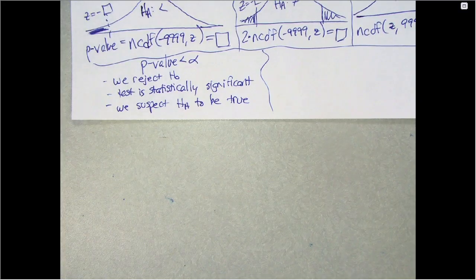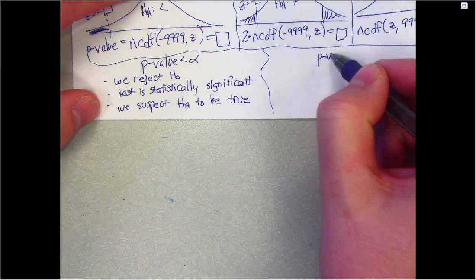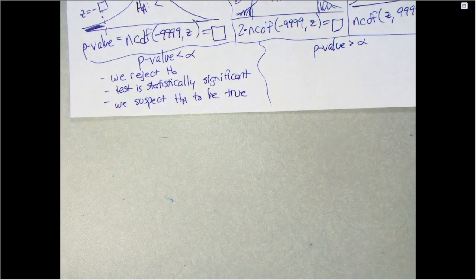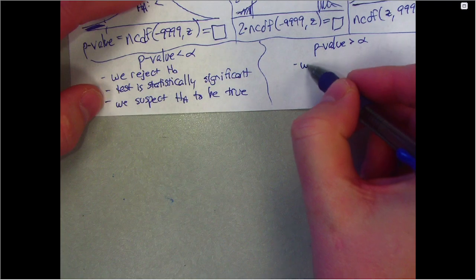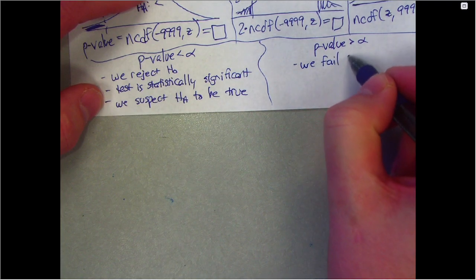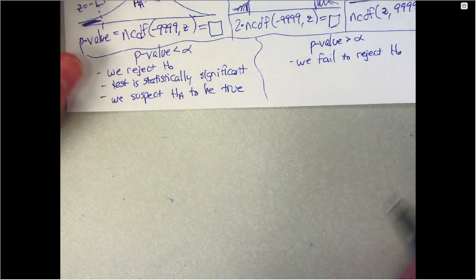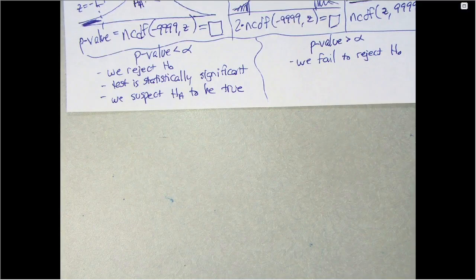And then the opposite: if the p-value is greater than alpha, opposite of all those things, right? But not the total opposite. Do we say we accept H0? Do not. We say we failed to reject H0. We didn't prove H0 is wrong. I'm sorry, we didn't prove HA is true.